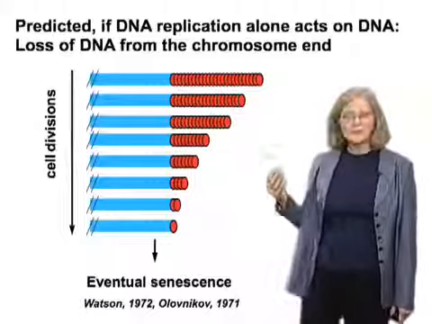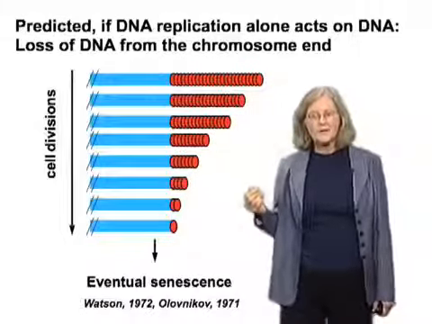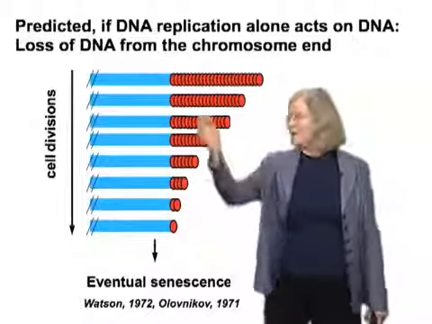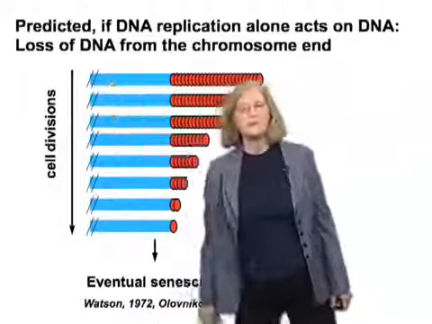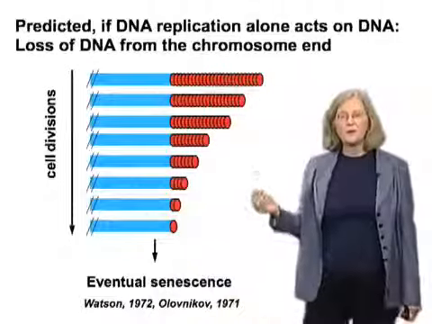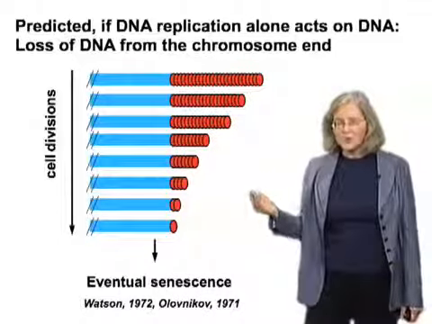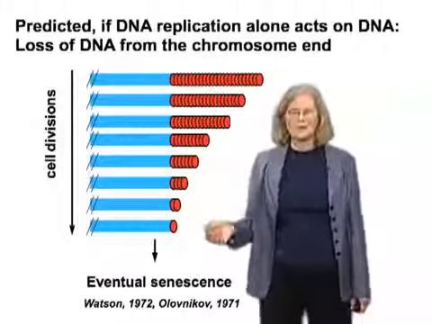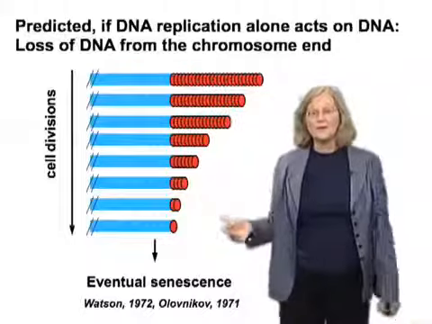And this is just a simple consequence of the nature of the DNA replication machinery that is otherwise so good at replicating all the length of the chromosomal DNA. But the very ends cannot be completely replicated without some form of compensatory mechanism. So what's the consequence of this loss? Well, obviously something has to compensate in the long run, otherwise we wouldn't be here.